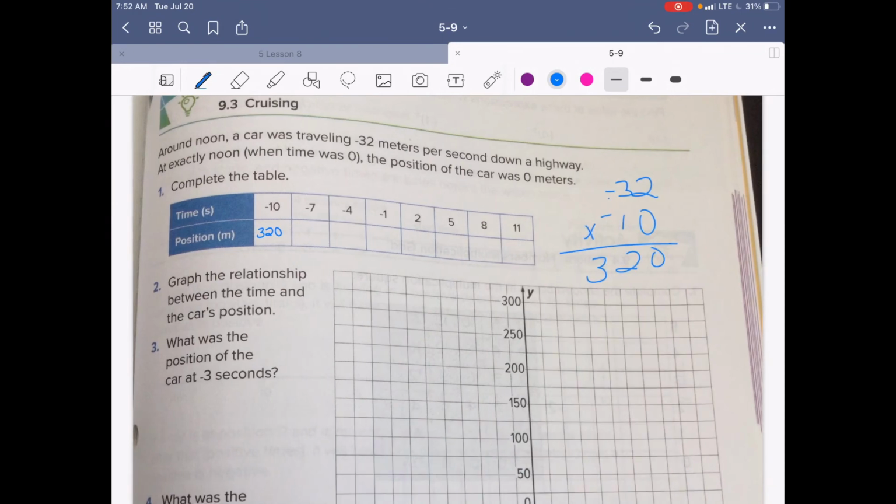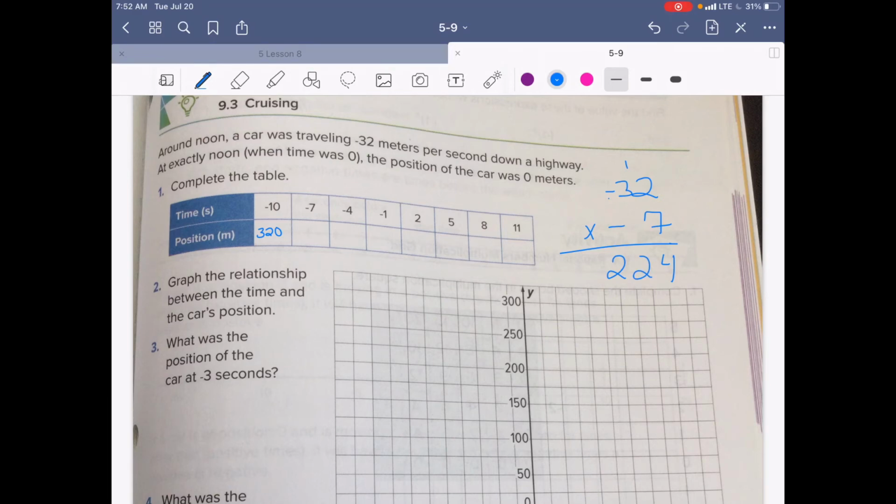Let's do that math now again, and we're going to do it for negative 7 seconds. Negative 7. 7 times 2 is 14. Carry the 1. 7 times 3 is 21, plus 1 is 22.